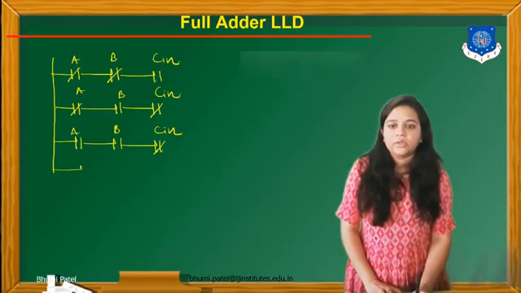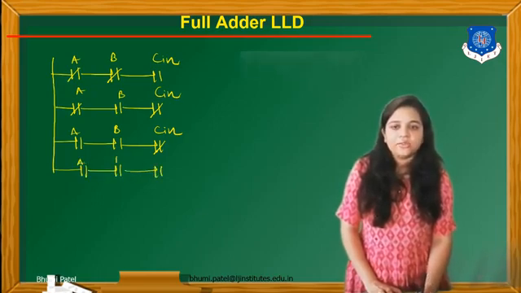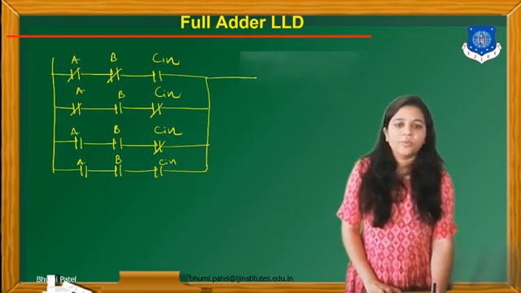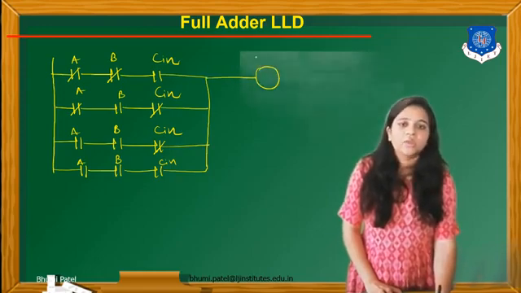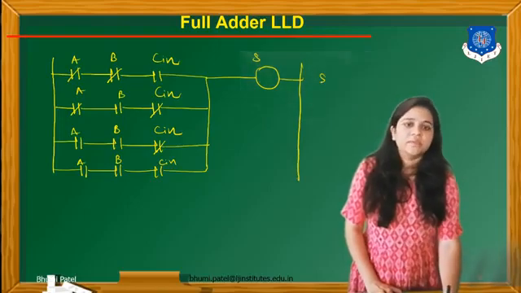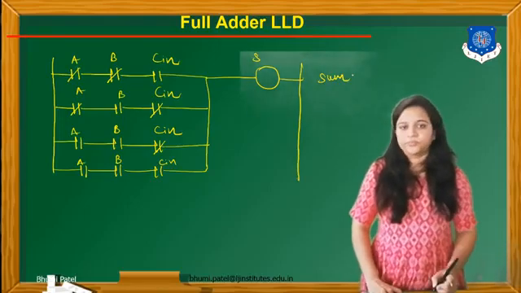And the fourth condition is A, B and C in, all of them in the normally open condition. Okay. And what is the output of these inputs? It is known as the S, and S is the sum.